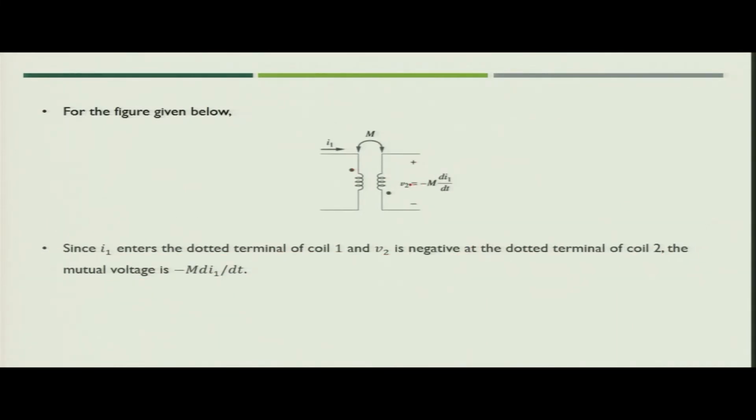Now, in this case, I1 is entering the dotted terminal of coil 1, but V2 is negative at the dotted terminal of coil 2, because the polarity of V2 is opposite; the dotted terminal is negative. So, the mutual voltage will be minus M dI1 by dt.